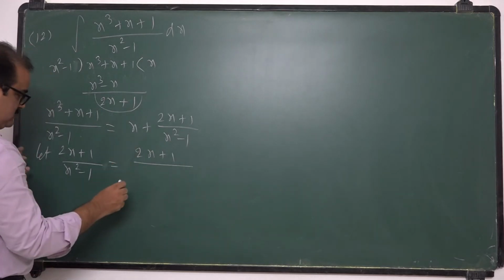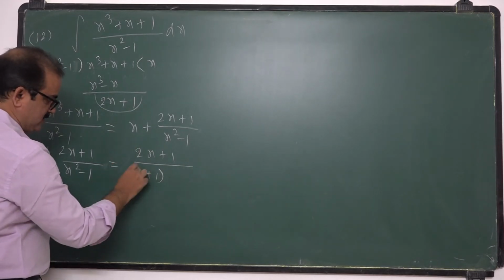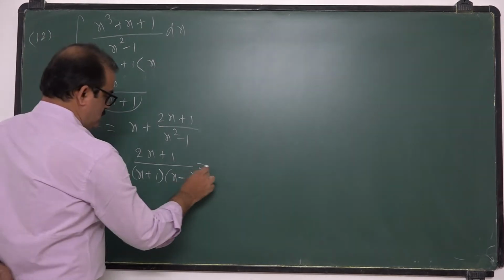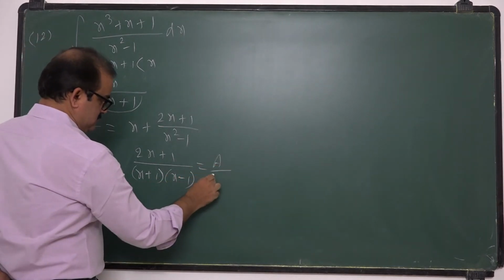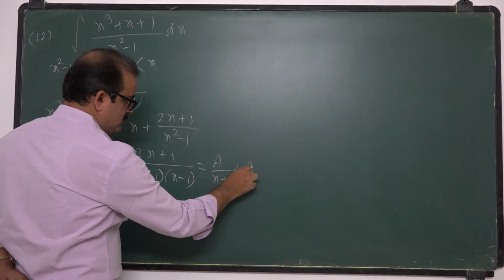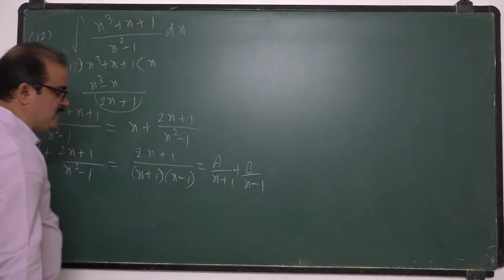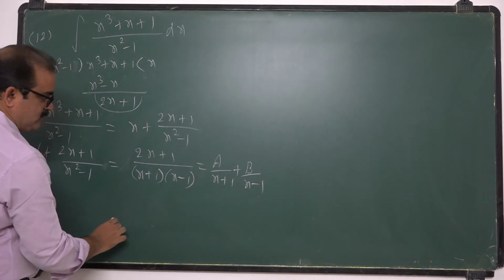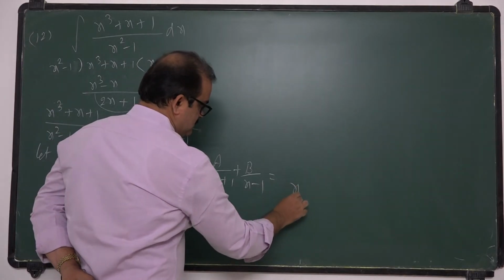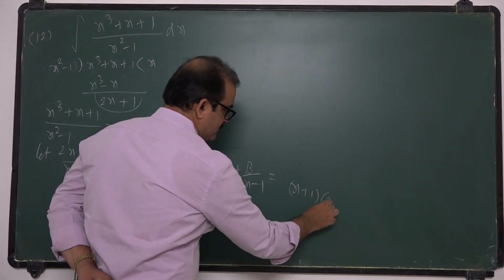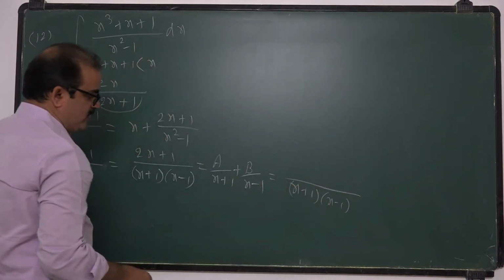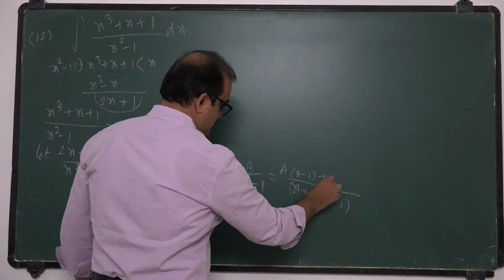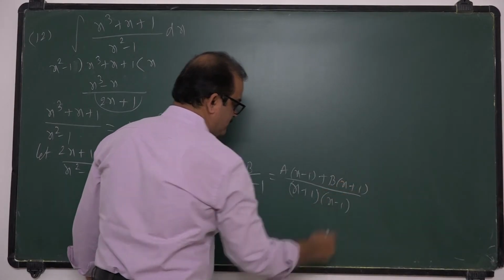So 2x plus 1 by x plus 1 into x minus 1 is A by x plus 1 plus B by x minus 1. Taking LCM, what is the LCM of this? x plus 1 into x minus 1. In the numerator we get A into x minus 1 plus B into x plus 1.